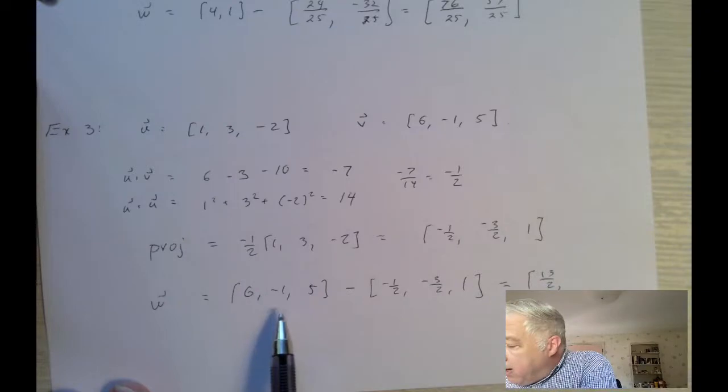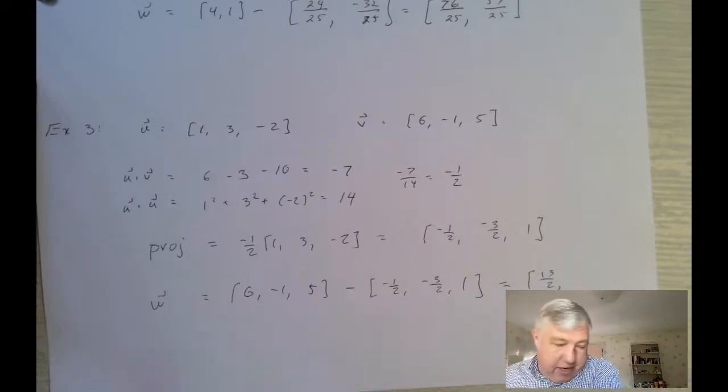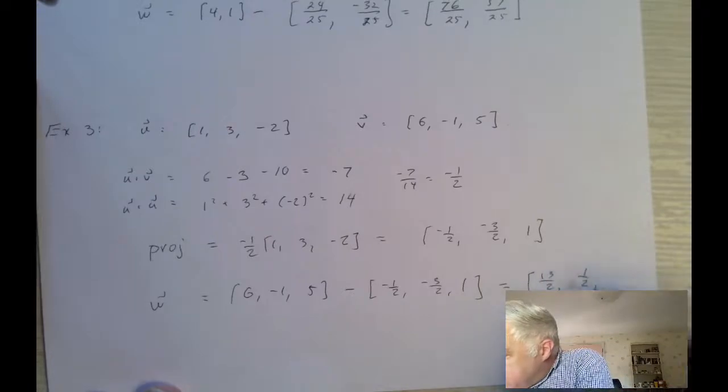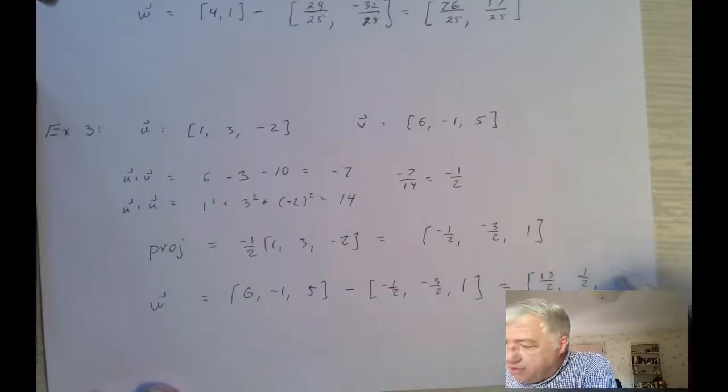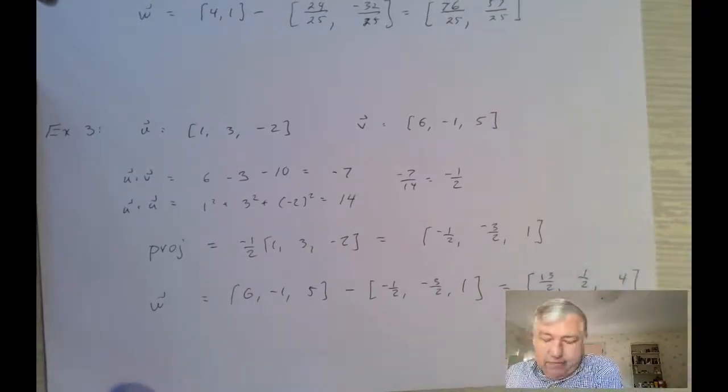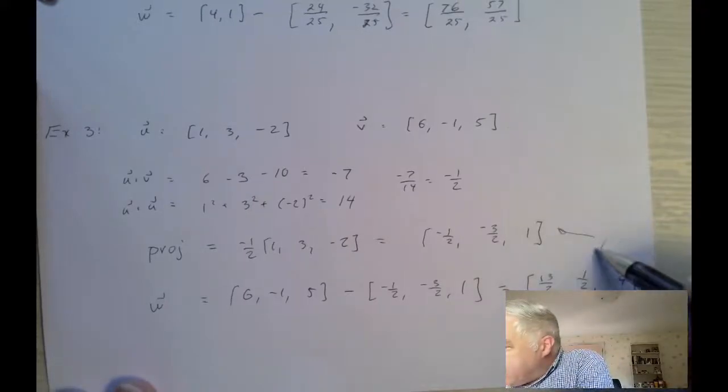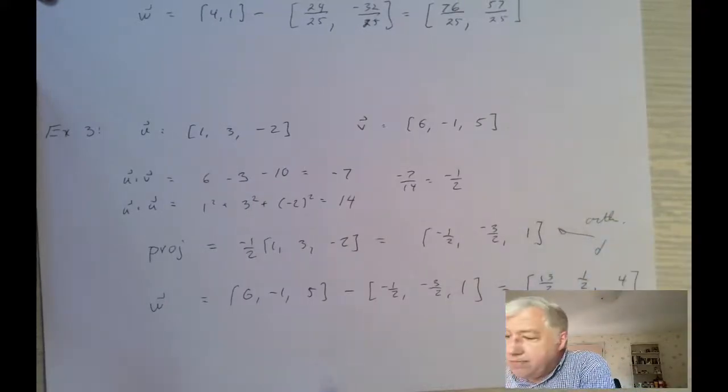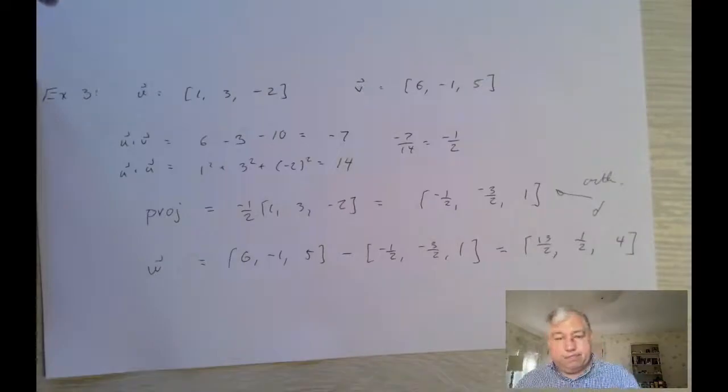Negative 1 plus 3 halves, that should be 1/2. And then 5 minus 1 is 4. Okay. And once again, you can check that these are orthogonal. Alright, so it's a very straightforward computation.